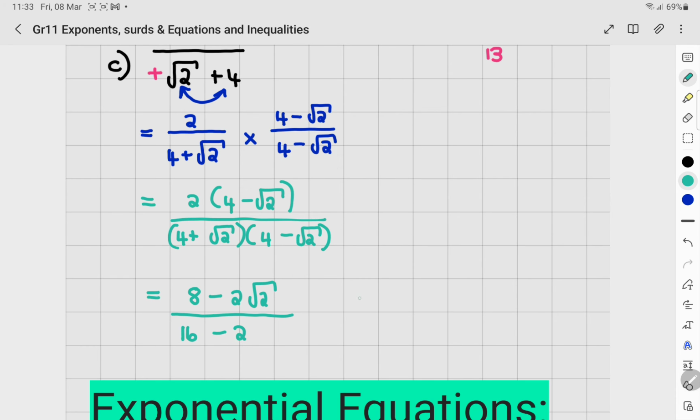Square root of 2 times square root of 2 is 2. So it's 8 minus 2 square root of 2 over 16 minus 2 is 14.